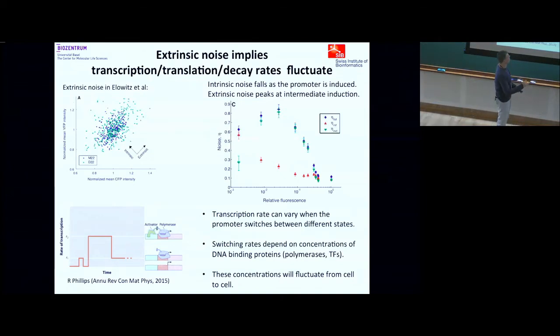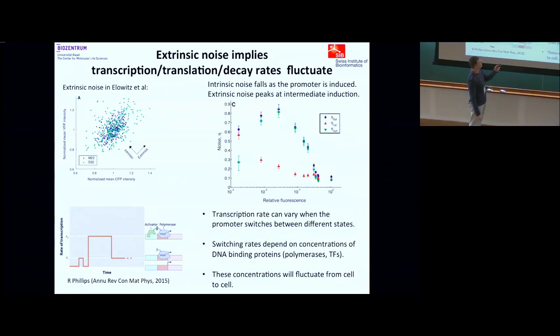So assume that this promoter here is regulated by one activator protein, one transcription factor that activates it. Then this promoter can exist in three states. One with nobody binding, one with the RNA polymerase binding, it's actually four states. One with only the activator binding, and one with both the activator and the polymerase binding.